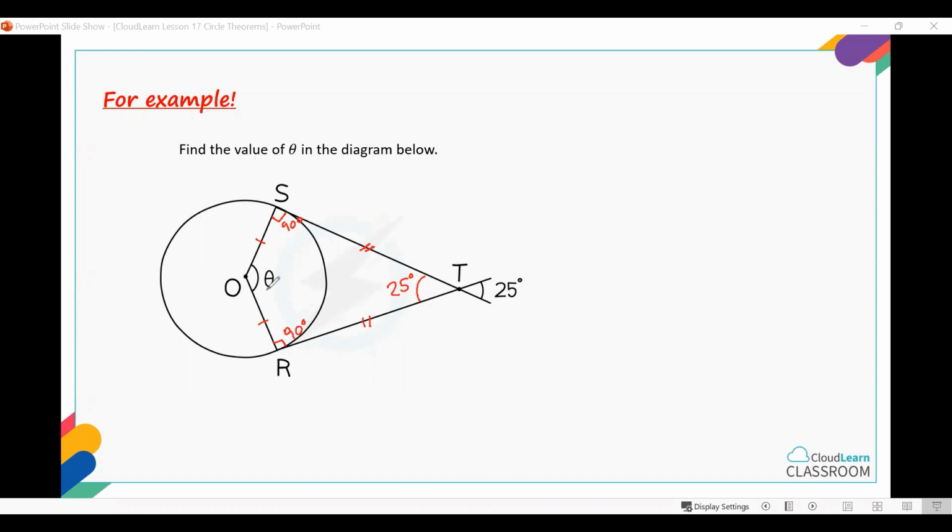360, good. So a bit of maths to do. Tell me what the answer is. So we've got 3. We can write it down, 90 plus 90 plus 25 plus theta equals 360 degrees.